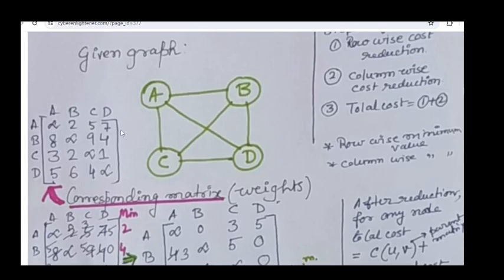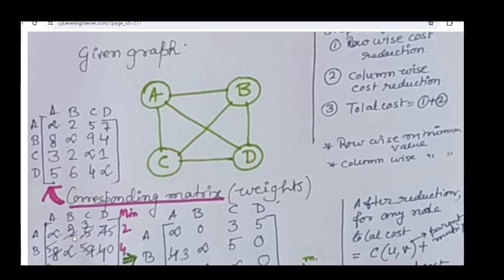Row 1, row 2, row 3, row 4. Whichever is the minimum, we will identify first, and that particular number will be subtracted from all the elements. So 2 will be reduced from all the elements. If you reduce 2 from infinity, it doesn't matter, it will be infinity itself. If you reduce 2 from 2, it is 0.